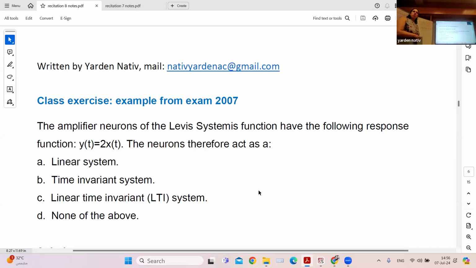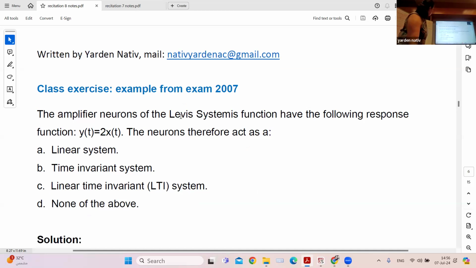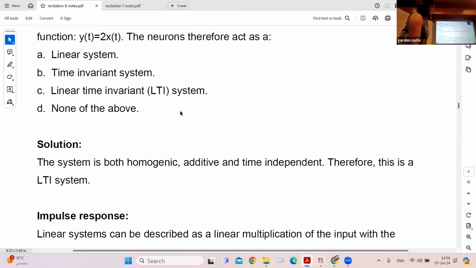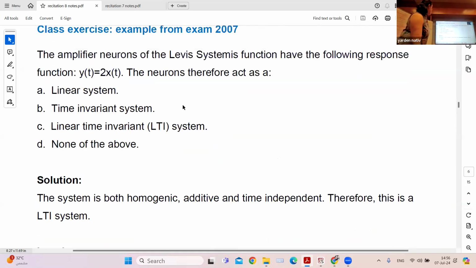It's a linear function. Doesn't that exist? It's true that it is a linear function, but isn't it enough to say that 2x is a linear function? Yeah, it is also true, but when we show it, we need to stick to the definitions, right? So let's take x(t) and multiply it by 3.